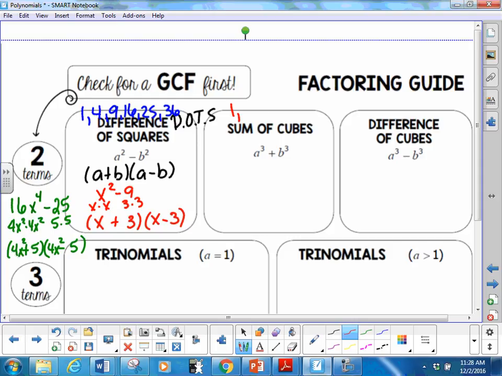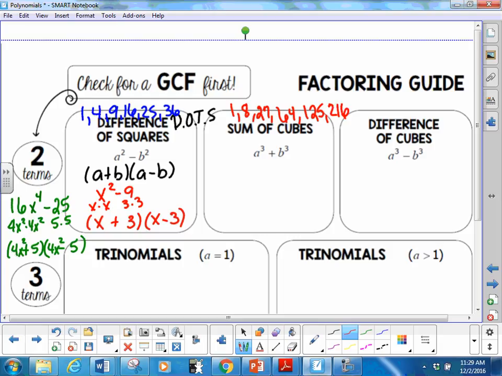What's 2 cubed? 8. 3 cubed is 3 times 3 times 3, which is 27. 4 cubed would be 4 times 4 times 4. 5 cubed will be 125. 6 cubed will be 216, and so forth.